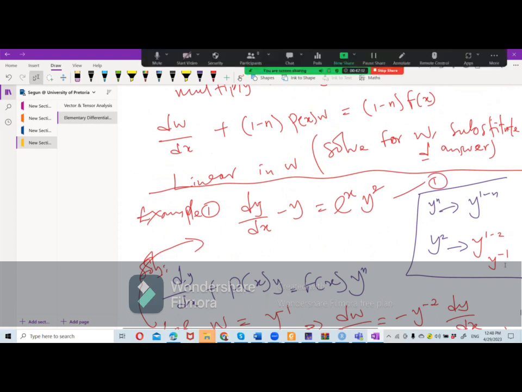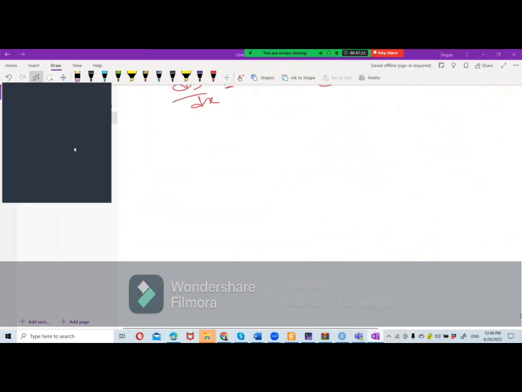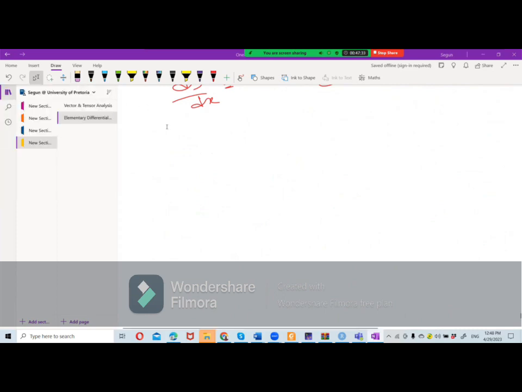So equation 1 becomes what? We substitute our dy dx into equation 1 now.